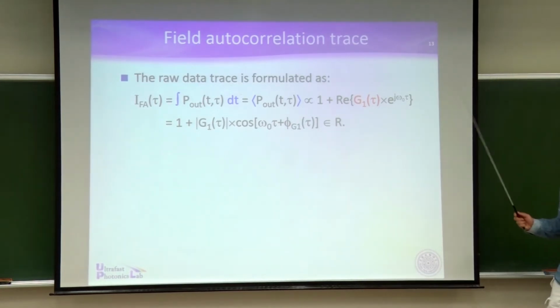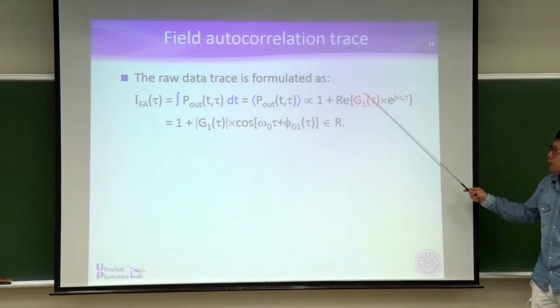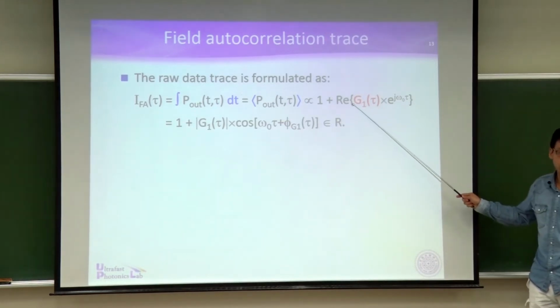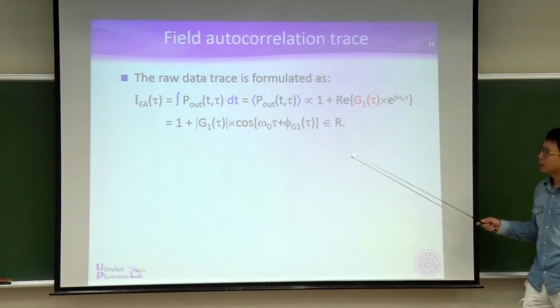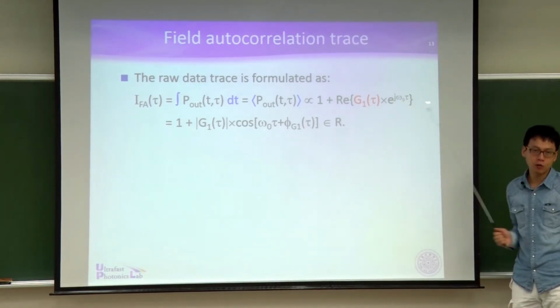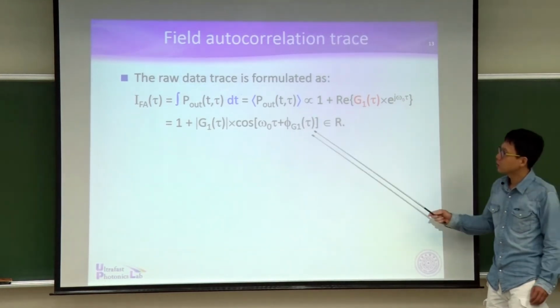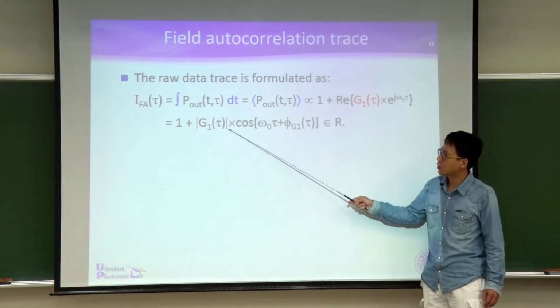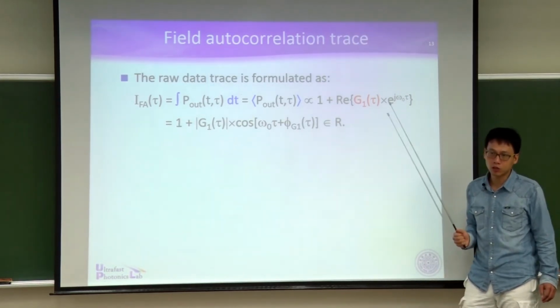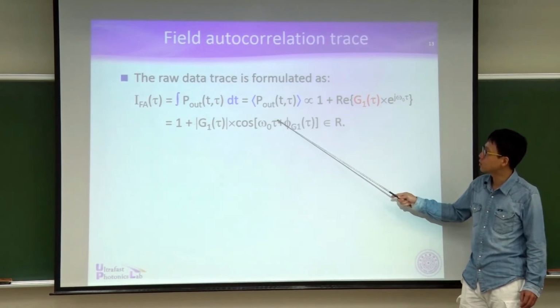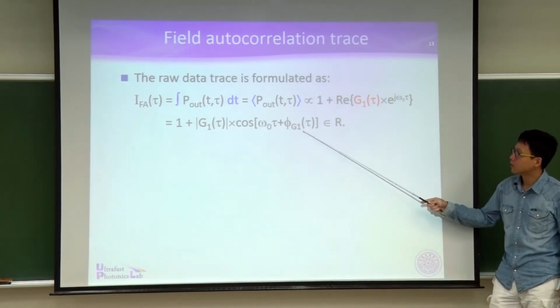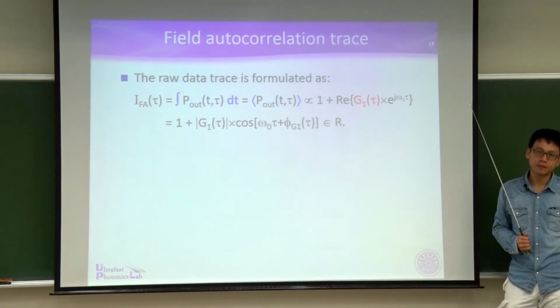But we know if g1 is a complex function, you can rewrite real part of a complex function in this format, which is g1 tau absolute value, the magnitude function, times cosine of omega 0 tau plus the phase of g1 function. Is it okay for you?